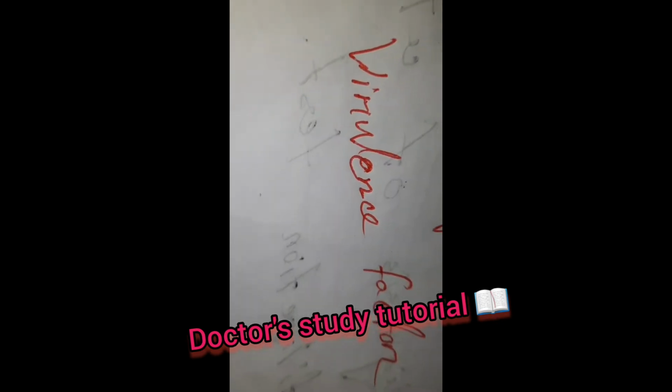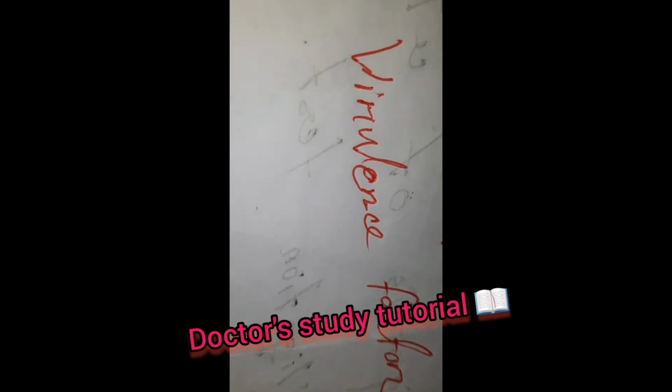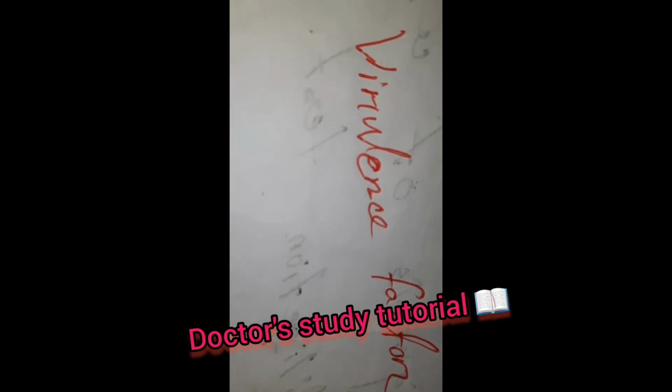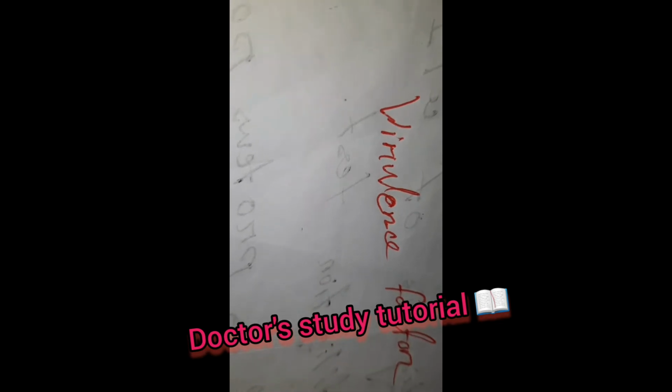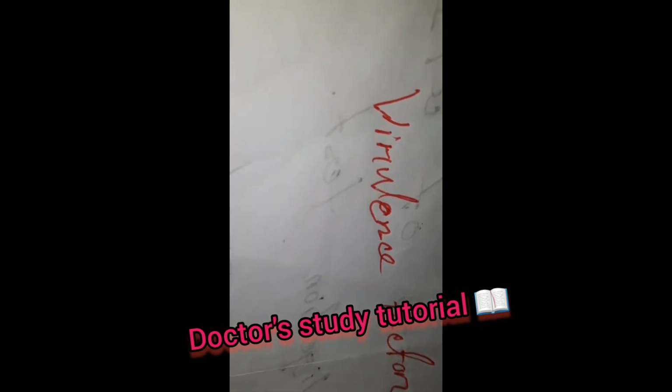Another important viva question is the virulence factor of Neisseria meningitidis, or pathogenicity of Neisseria meningitidis, or how Neisseria meningitidis causes disease. So the virulence factors are a polysaccharide capsule, which is the most important virulence factor.